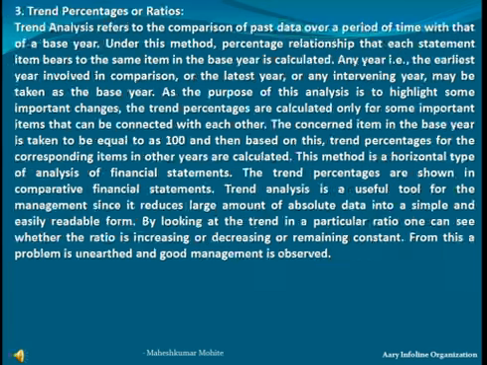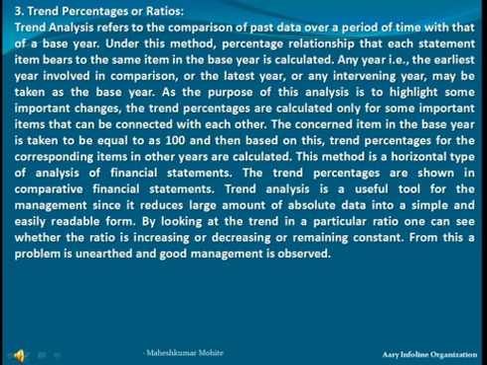3. Trend percentages or ratios. Trend analysis refers to the comparison of past data over a period of time with that of a base year. Under this method, percentage relationship that each statement item bears to the same item in the base year is calculated. Any year, that is, the earliest year involved in comparison, or the latest year, or any intervening year, may be taken as the base year.